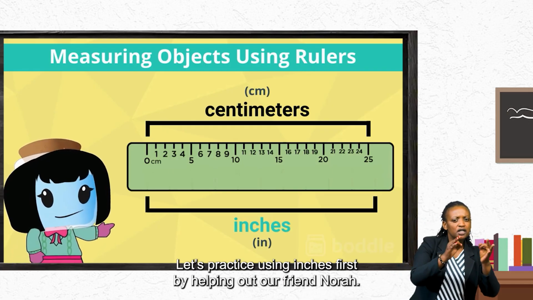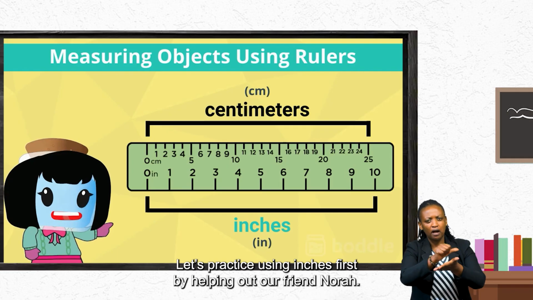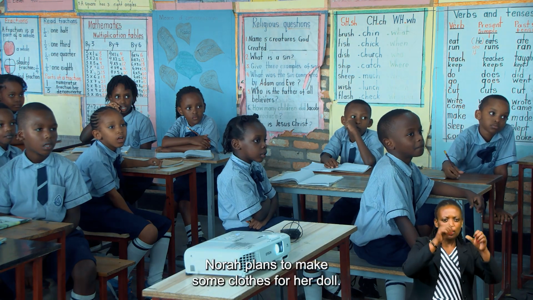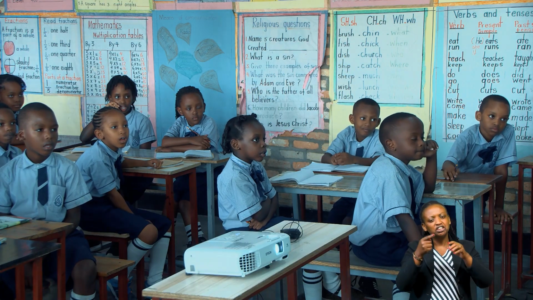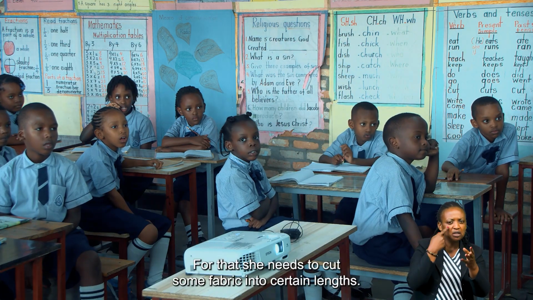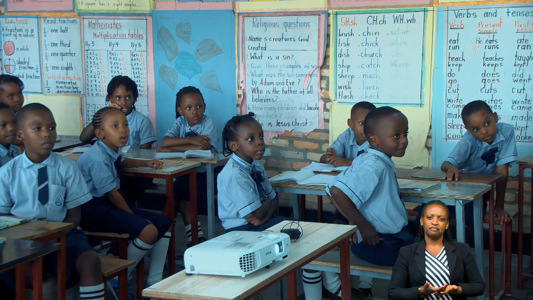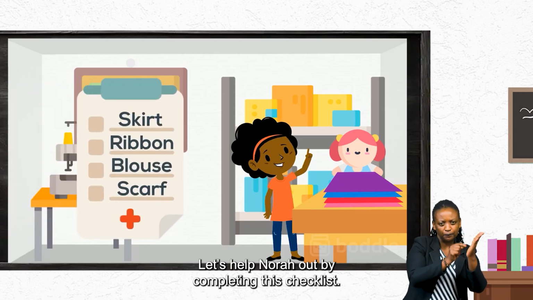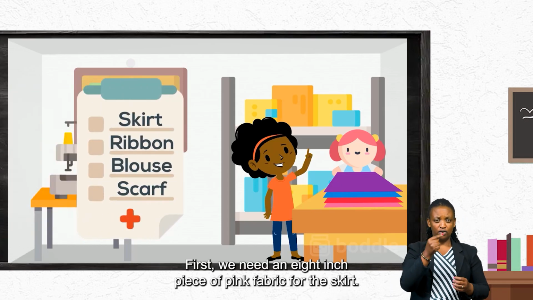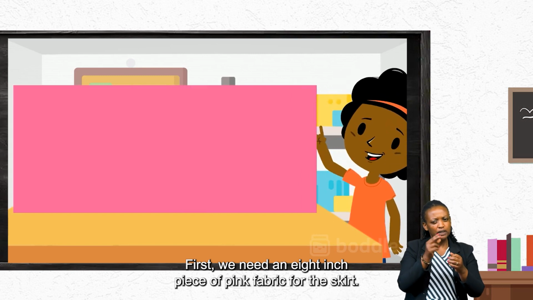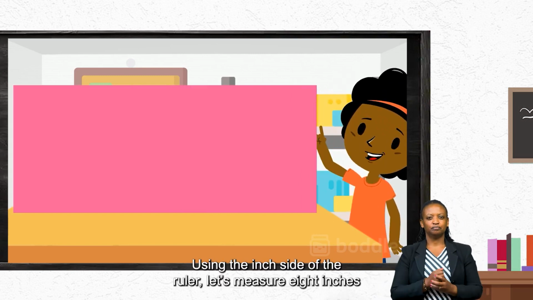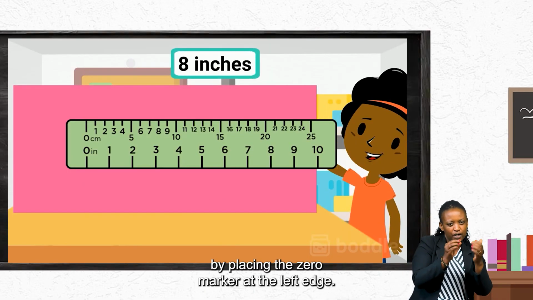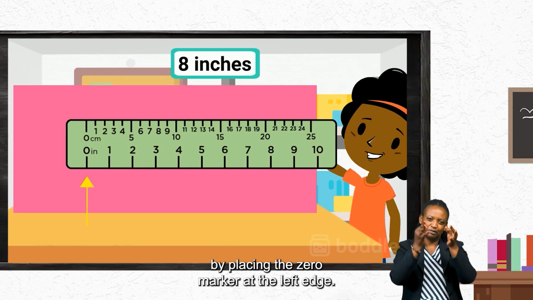Let's practice using inches first by helping out our friend Nora. Nora plans to make some clothes for her doll. For that, she needs to cut some fabric into certain lengths. Let's help Nora out by completing this checklist. First, we need an 8-inch piece of pink fabric for the skirt. The inch side of the ruler, let's measure 8 inches by placing the 0 marker at the left edge.